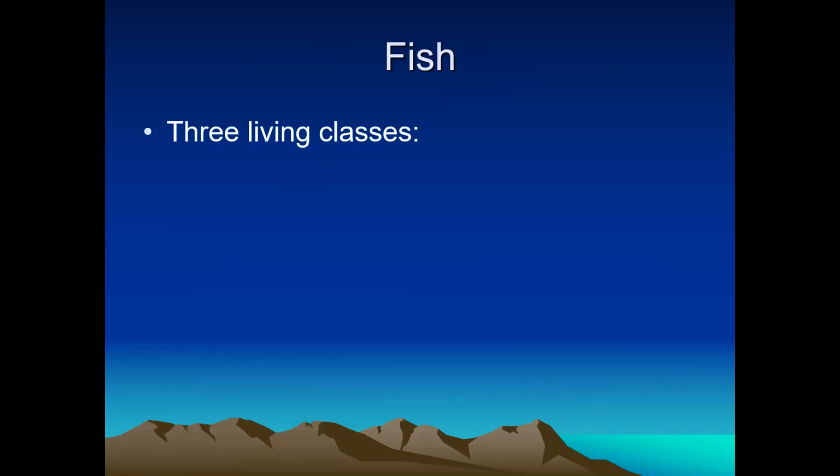So, fish. We have 3 living classes of fish. The fossil record leads to the understanding that fish probably were much more diverse in the past than we have today. We have a lot of evidence for possibly other classes that no longer exist.